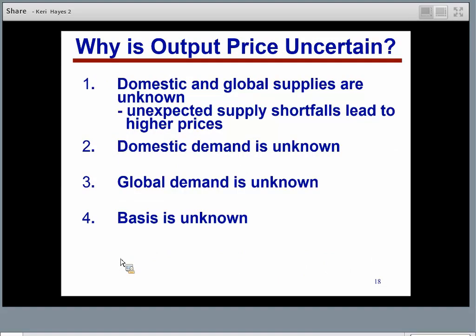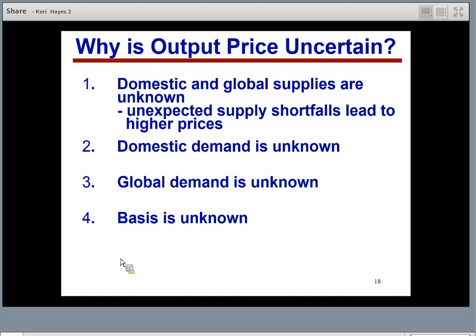And so why are those prices so uncertain? As an economist, we look at a lot of these things throughout the year. The things that really drive the price that you receive is the fact that a lot of this, especially in wheat markets, particularly over the last 10 years, has been that global supplies are unknown.